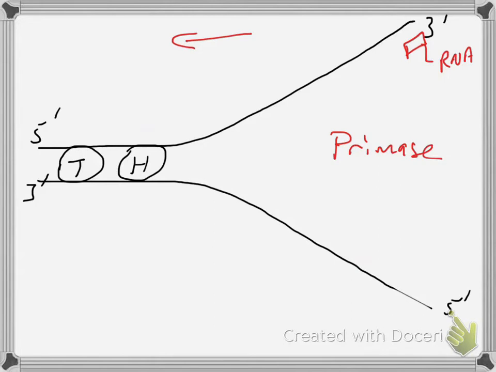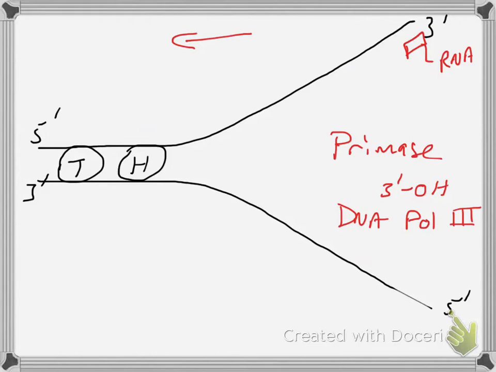It builds our primer, which provides a 3' hydroxyl that is needed by DNA polymerase 3. Remember, DNA polymerase 3 needs a nucleotide to add its nucleotides to.